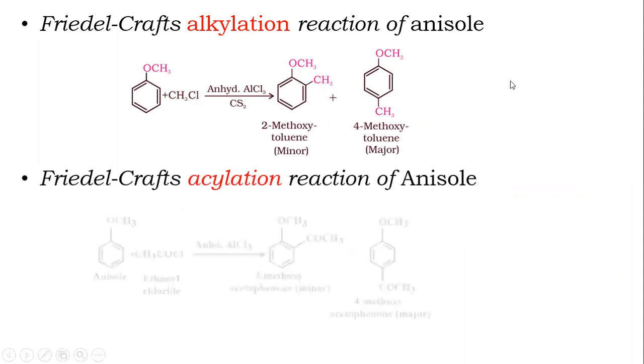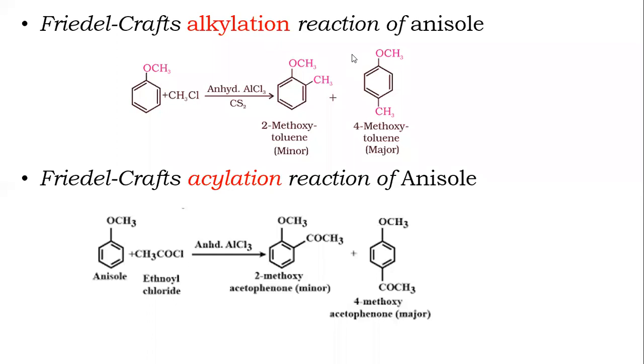Friedel-Crafts acylation reaction of anisole. Here, when anisole, that is methoxybenzene, reacts with acetyl chloride, ethanoyl chloride, in the presence of anhydrous AlCl3, the hydrogen of the ortho position will combine with the chlorine of acetyl chloride to form hydrogen chloride as the byproduct, and the remaining group, that is the acetyl group, gets added to the ortho position.